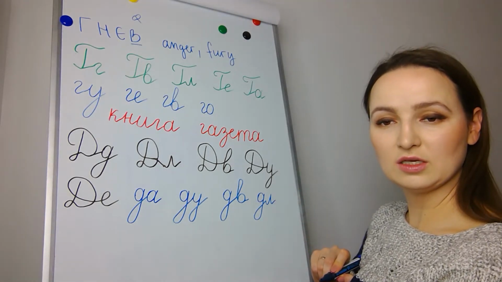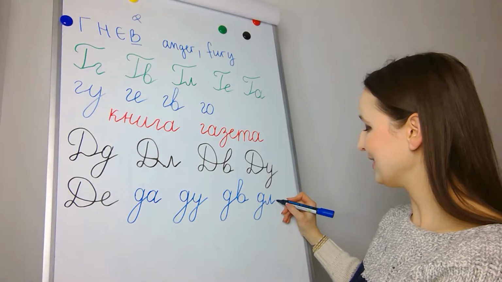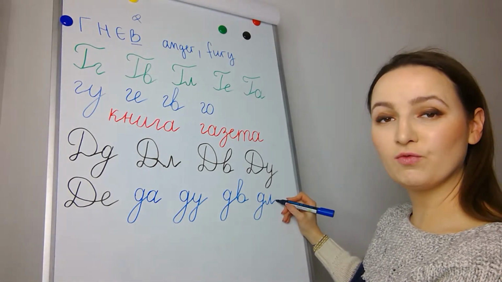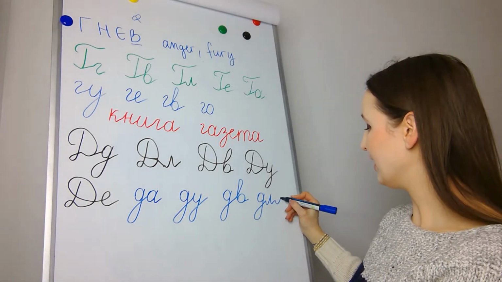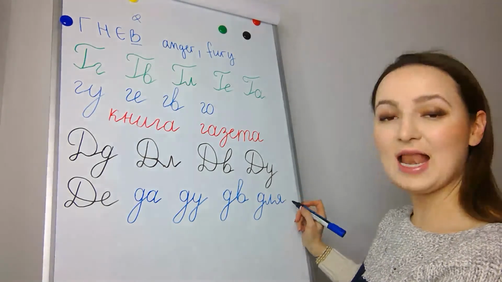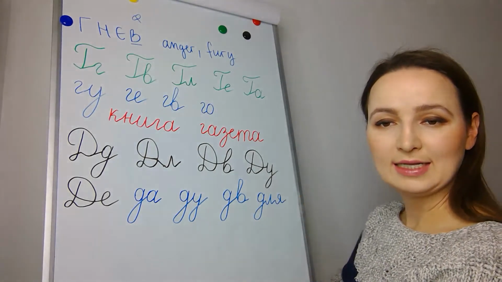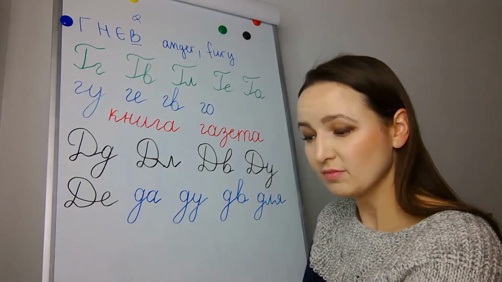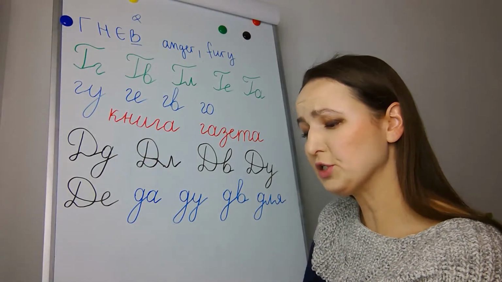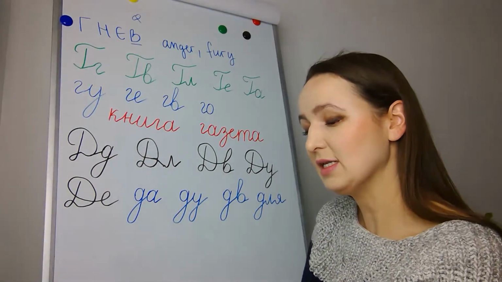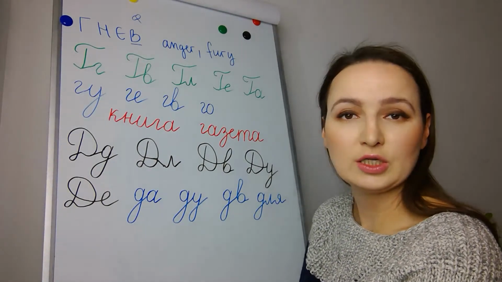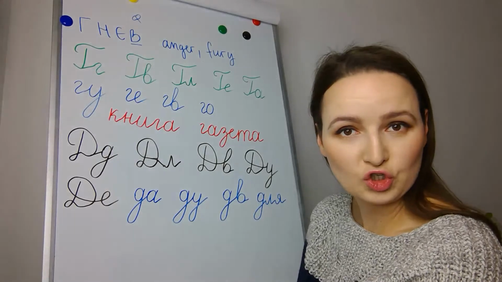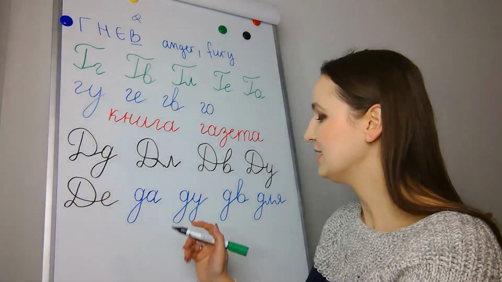For example, the word для, which means for. If you add я here, it will be для, for. Очень хорошо.